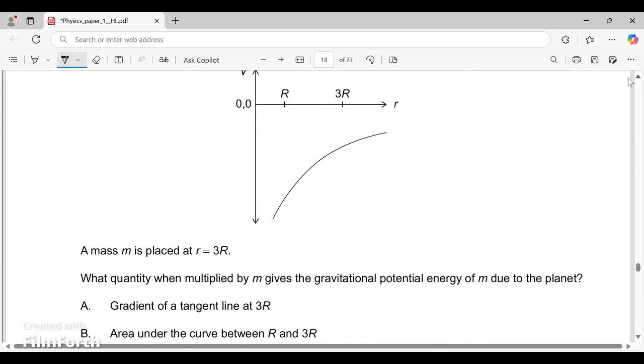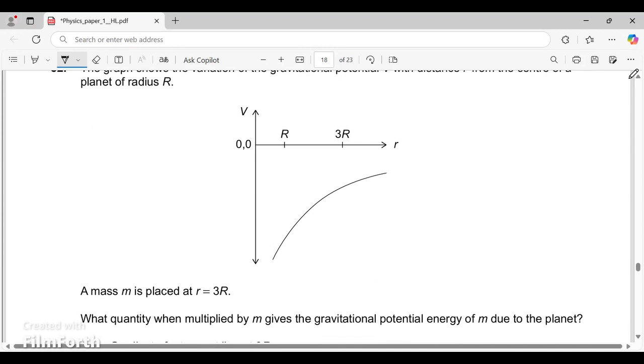From the graph, we are given the variations of the gravitational potential V on this axis with distance r from the center of the planet.